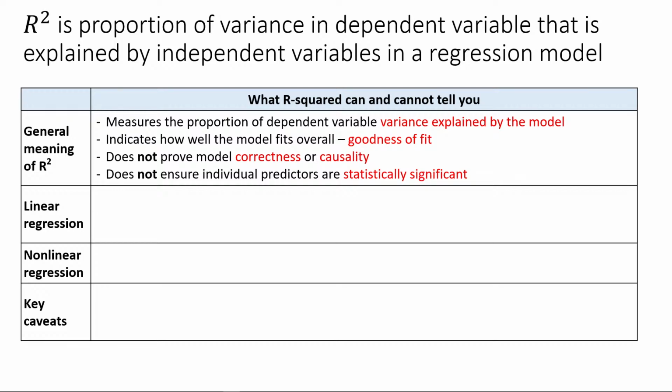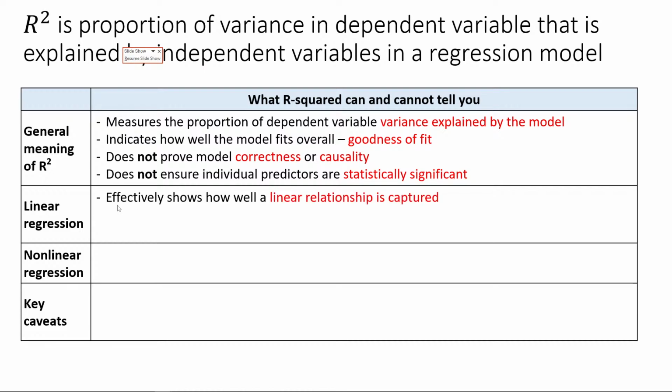That is not statistical significance. That does not tell you statistical significance, like a p-value, for example. A p-value would suggest that the variable is statistically significant. So R squared does not tell you statistical significance. You have to do some statistical significance testing to complement your R squared.